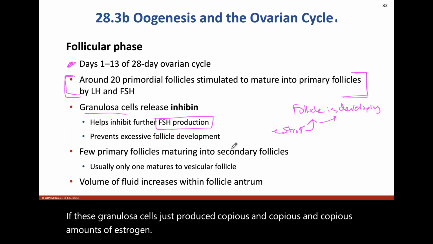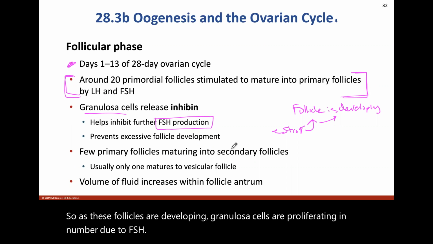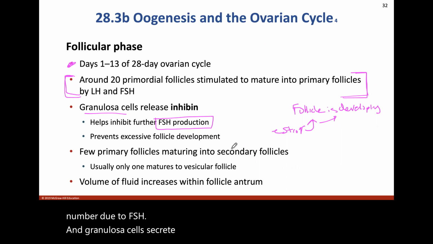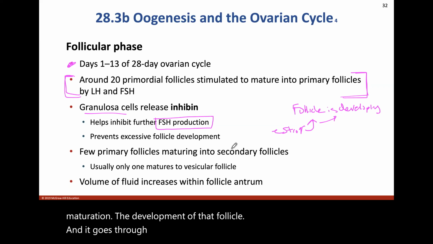So as these follicles are developing, granulosa cells are proliferating in number due to FSH, and granulosa cells secrete estrogen. And estrogen is what causes the maturation, the development of that follicle. And it goes through primary, secondary, all that we talked about just a second ago.